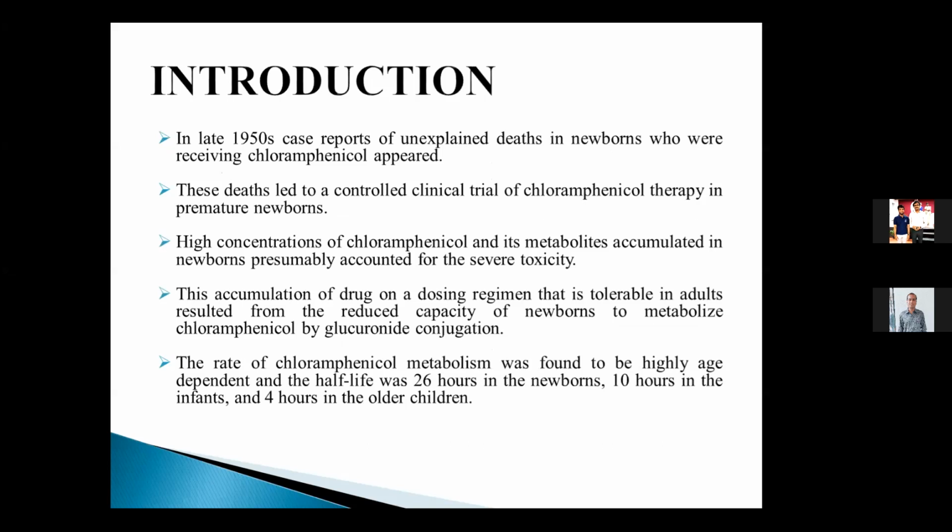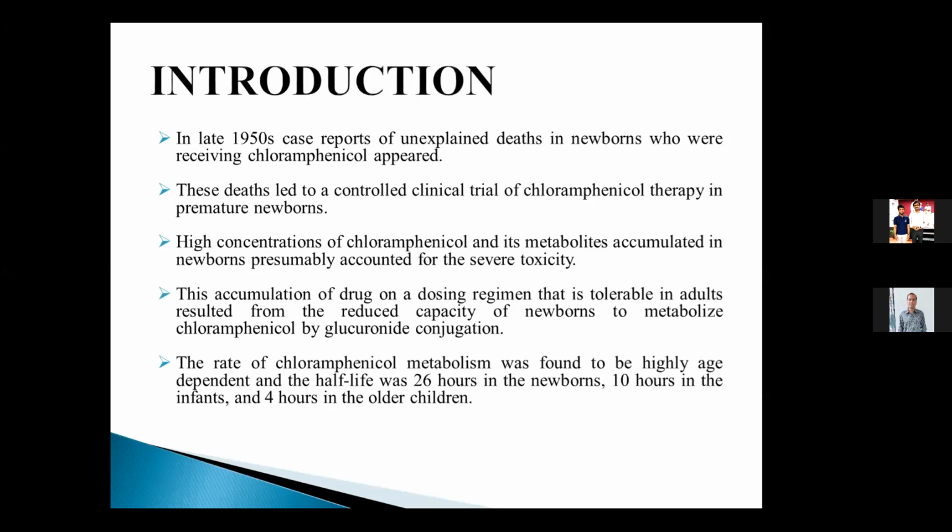In late 1959, a case report of unexplained deaths in newborns who were receiving chloramphenicol appeared. These deaths led to a controlled clinical trial of chloramphenicol therapy in premature newborns. High concentrations of chloramphenicol and its metabolite accumulated in the newborn, presumably accounting for the severe toxicity.